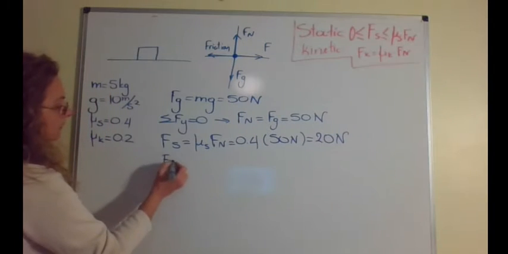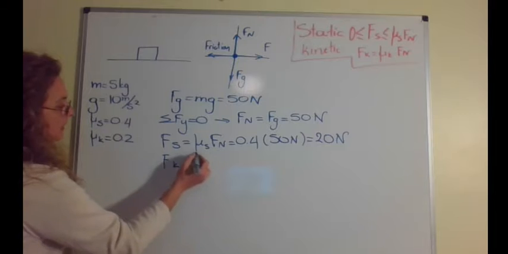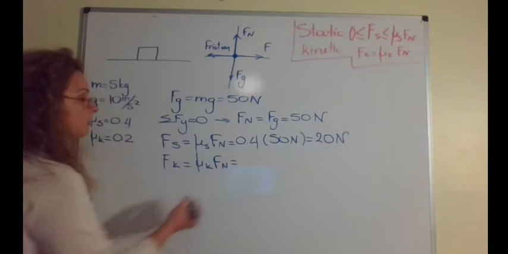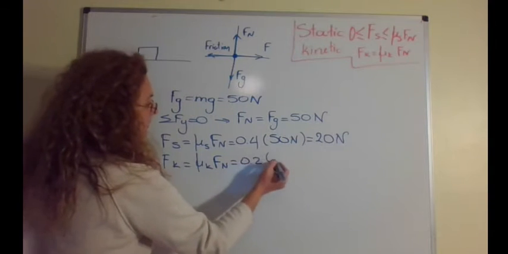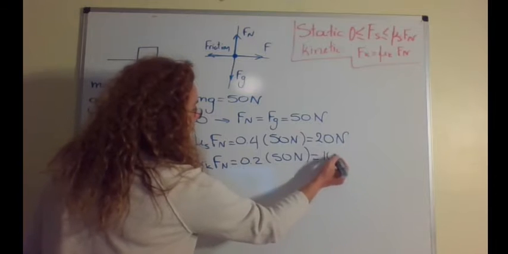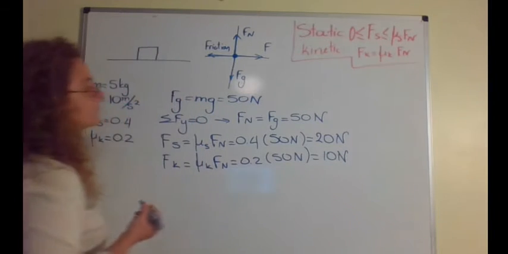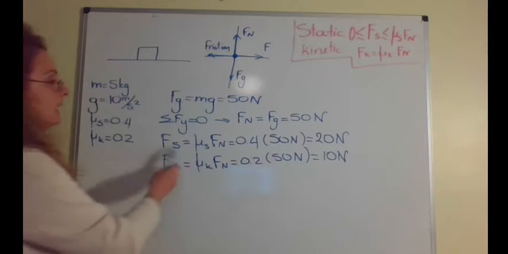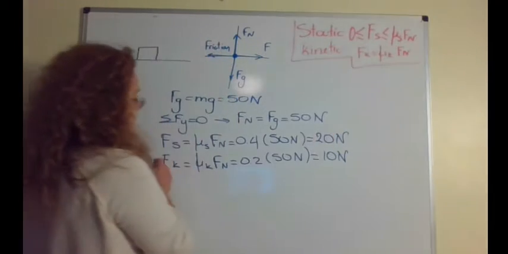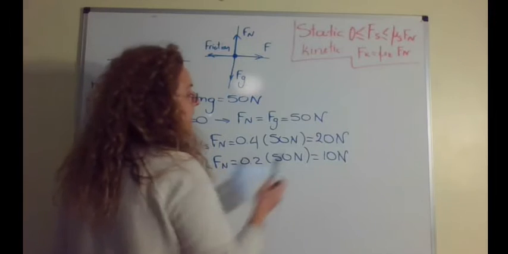Well, the kinetic friction will be the coefficient of kinetic friction times the normal force, which is 0.2 times 50, and that will mean 10 newtons. So the static friction can get values from 0 to the threshold, which is in our case 20.